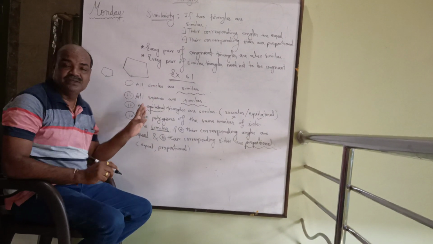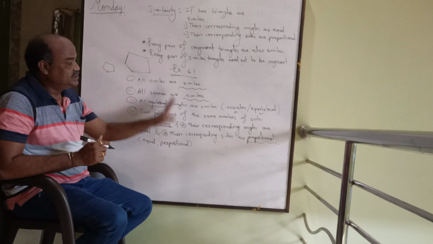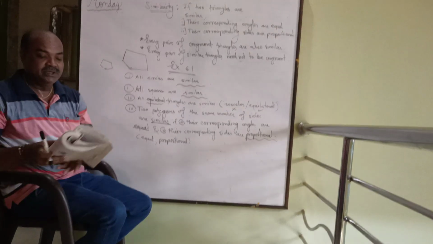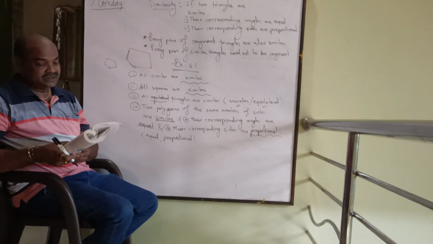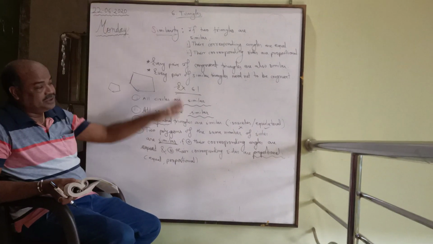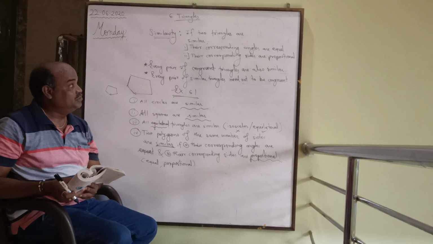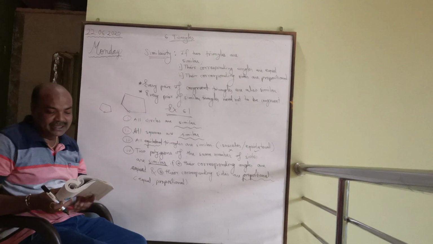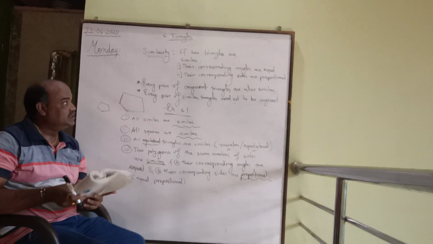You understood, students? I hope these all four fill in the blanks are very easy to understand, and I expect that you should write it down in your notebook. These are your notes, and we have already started exercise 6.1.